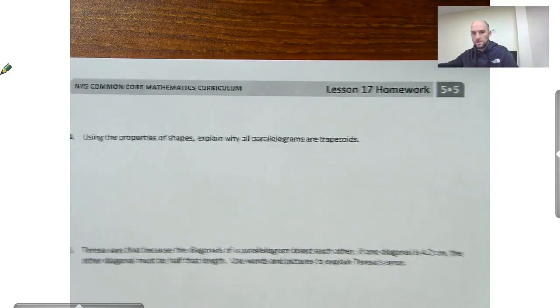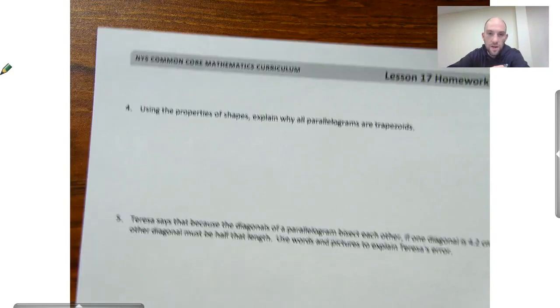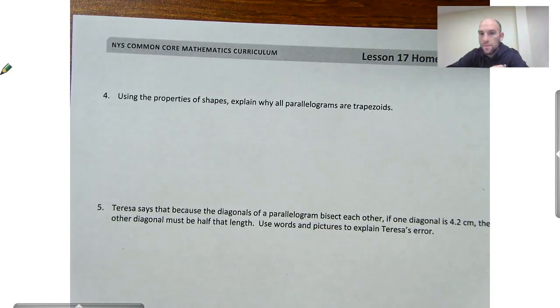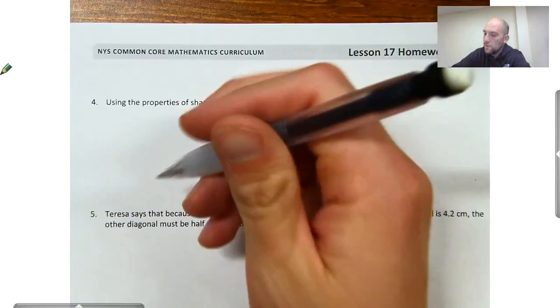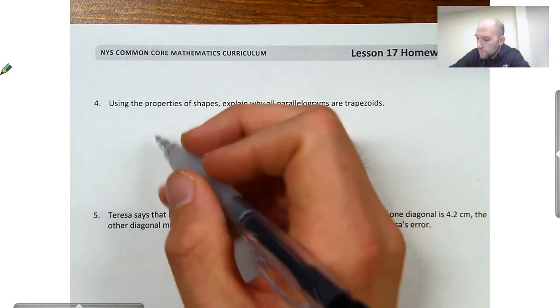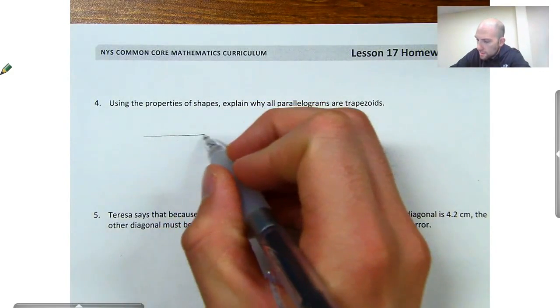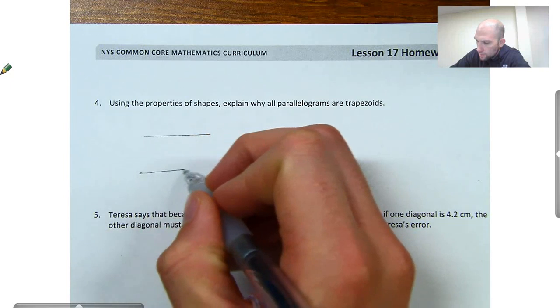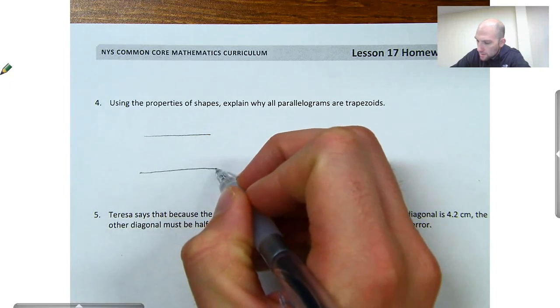All right, let's look at number 4 here. It says, using the properties of shapes, explain why all parallelograms are trapezoids. Well, a parallelogram has 2 sets of parallel sides.